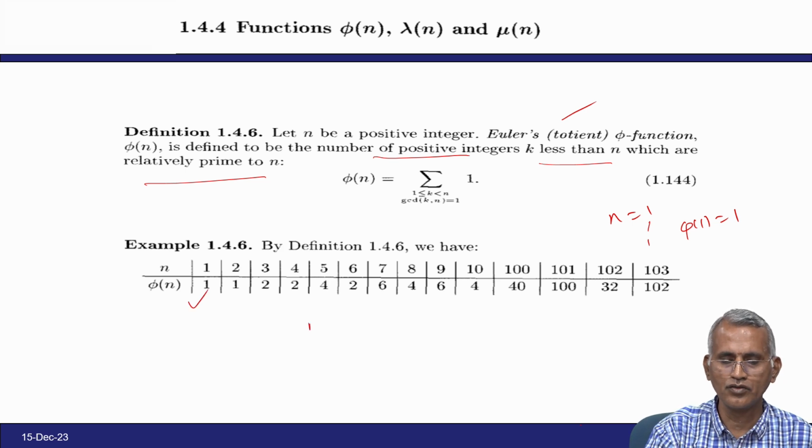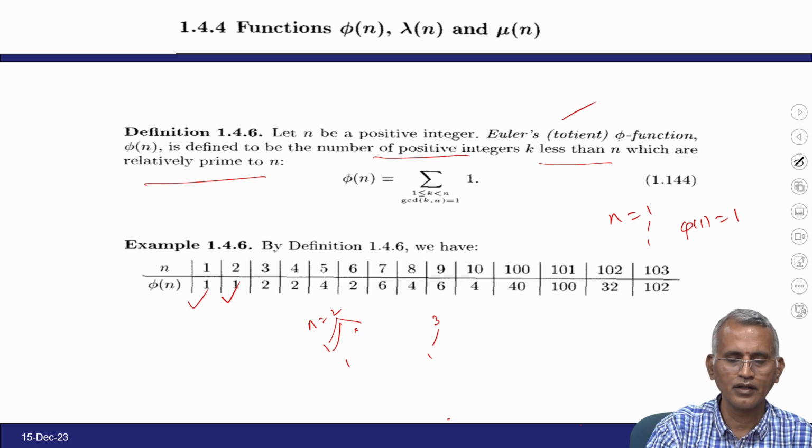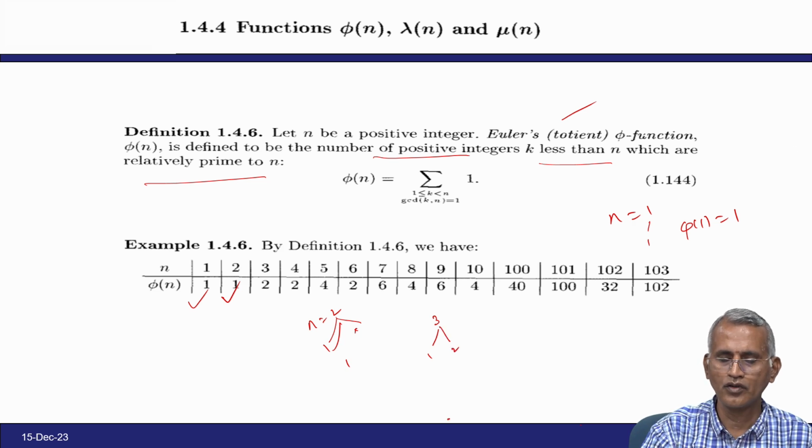If you take n equal to 2, then only 1 is relatively prime to 2, therefore 1. For 3, you take 1 and 2, which are relatively prime to 3, because the GCD of 2 and 3 is 1 and the GCD of 1 and 3 is 1, so totally 2.